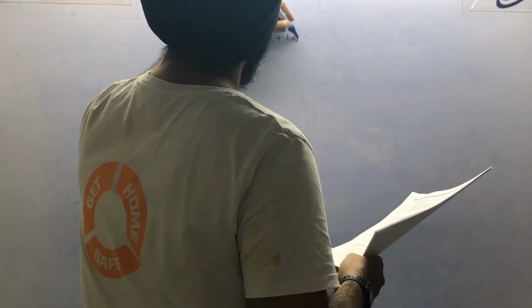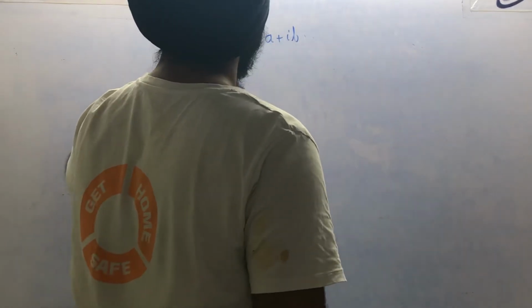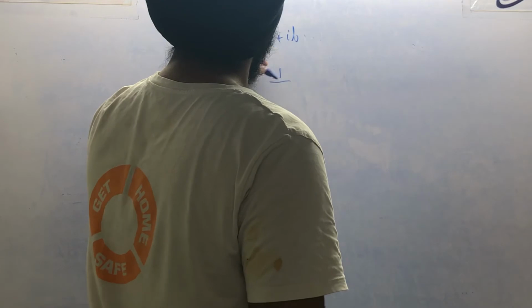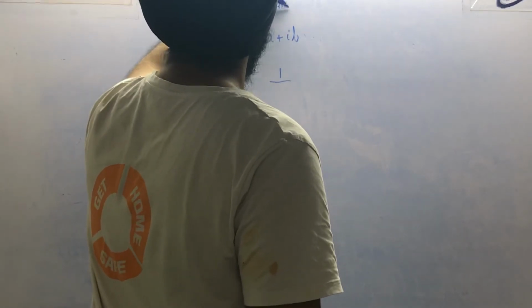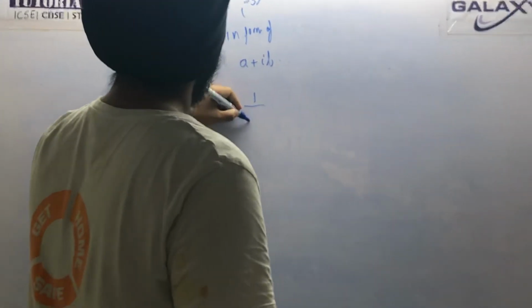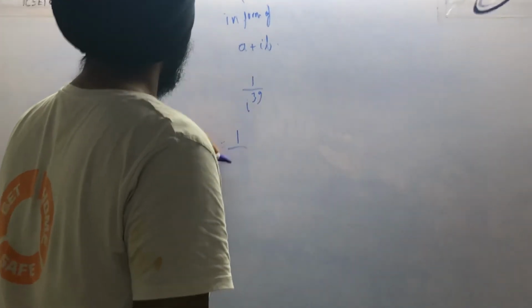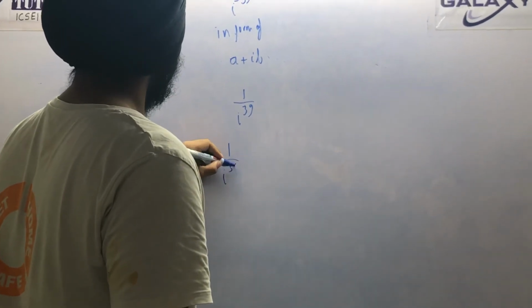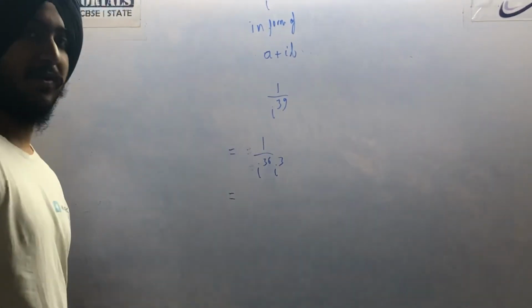Next one, same. Express into a plus iota b form, iota raised to the power minus 39. So this will be 1 upon iota raised to power 39, which is 1 upon iota raised to power 36 into iota cube, because 36 is a multiple of 4.